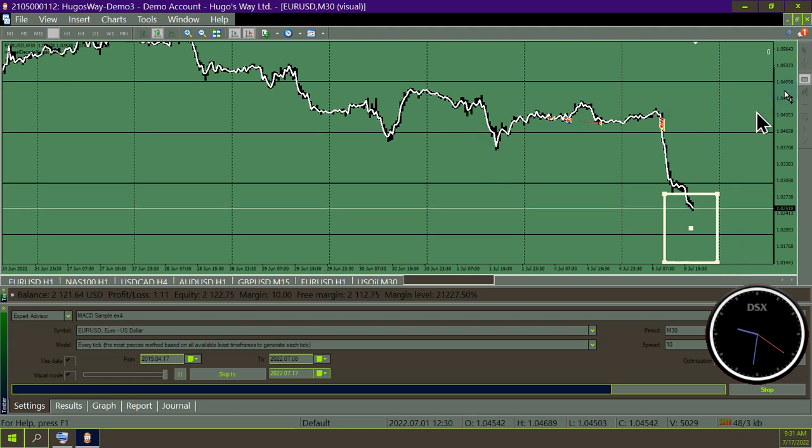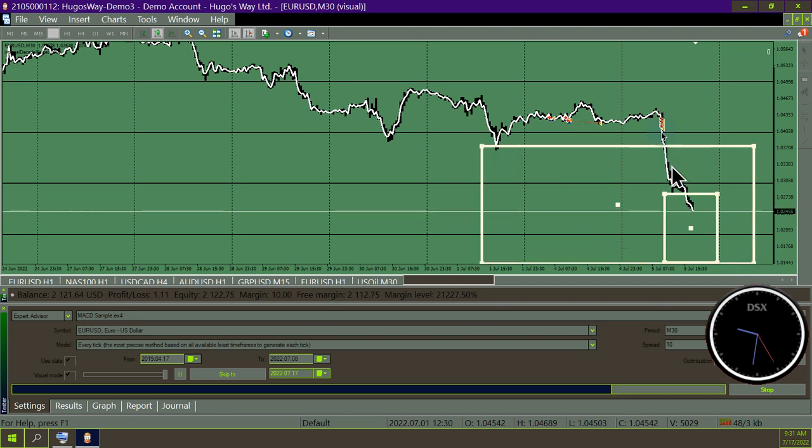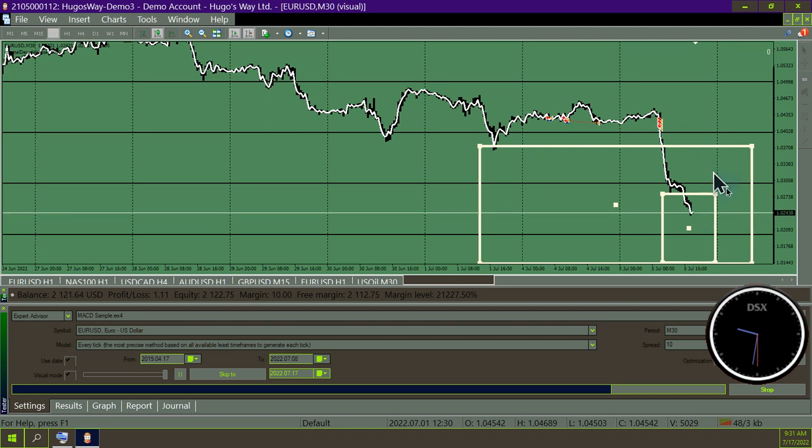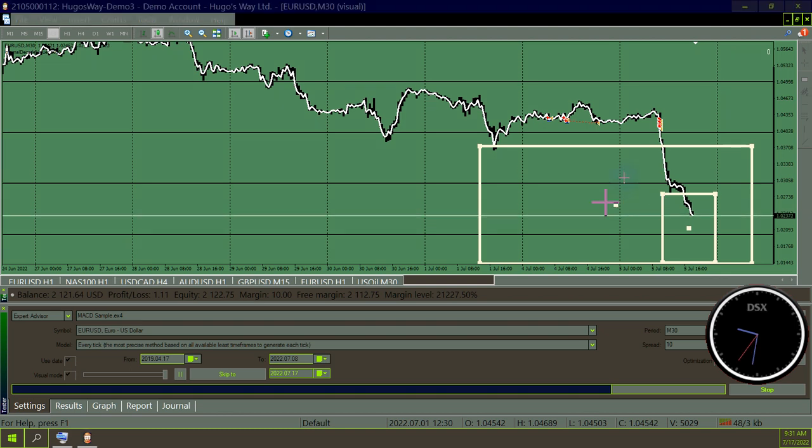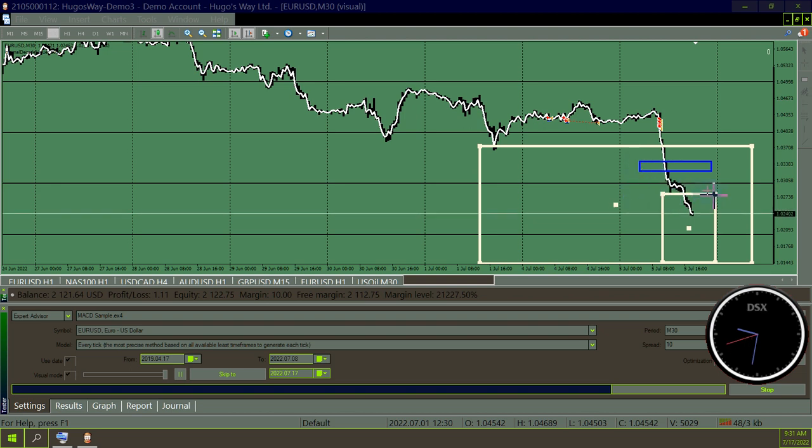I still got a rack in from back here. Underwater on all these tickets. So 100 pip stop on this, you got stopped out. If you bought here with a 100 pip stop, you're stopped out. With a 150 pip stop, you're still in.